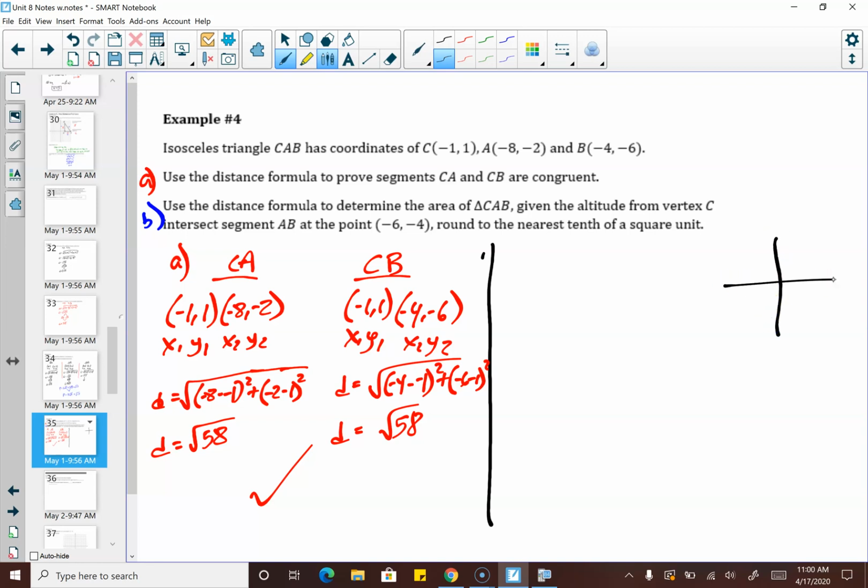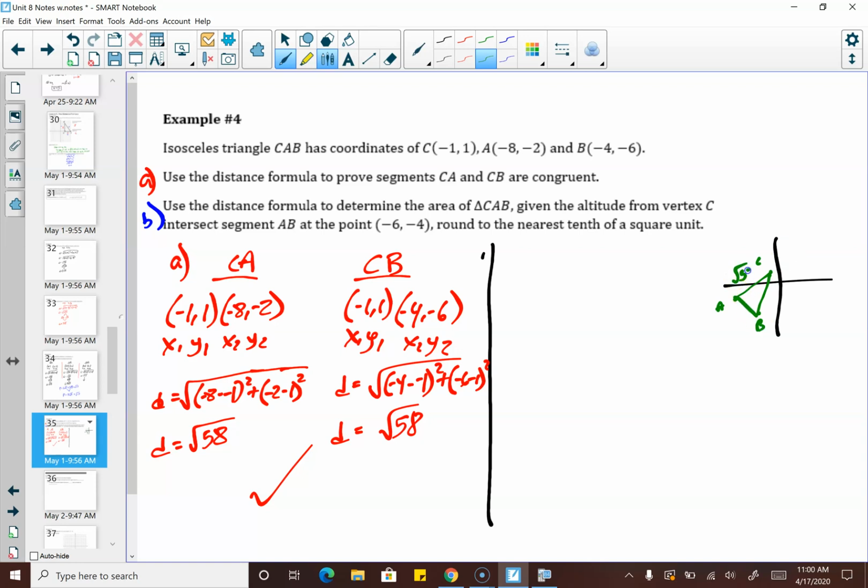If we were to estimate the points, C is at -1, 1, A is at -8, -2, and B is at -4, -6. All right. So that's kind of like our triangle right there.